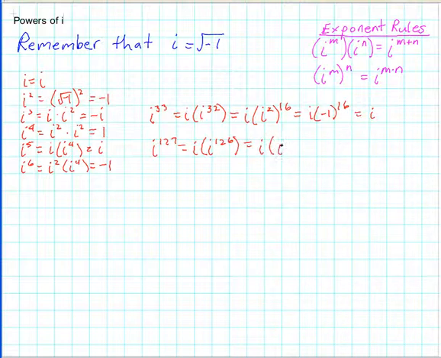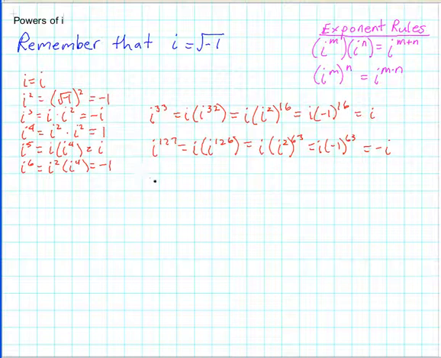I'm going to write this as i squared, and dividing, I need to take it to a power, and that power is going to be 63 because 2 times 63 is 126. Now I'm going to write i squared as -1 to the 63rd power. And -1 to any odd power is still going to be -1. So this simplifies to -i.